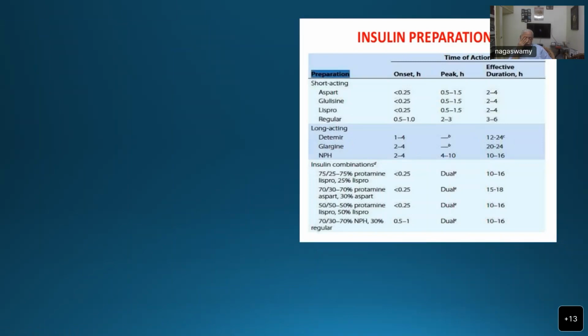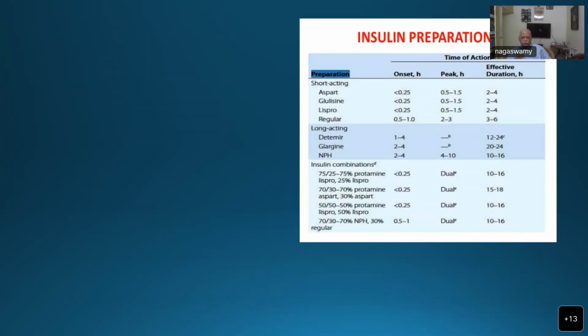How is it able to produce its action? Any idea? So the normal insulin is a monomer. It is a single compound. Whereas whenever it is in the stored form, it has to become a polymer, a hexamer or a decamer. So 6 molecules of insulin combined together is called a hexamer.